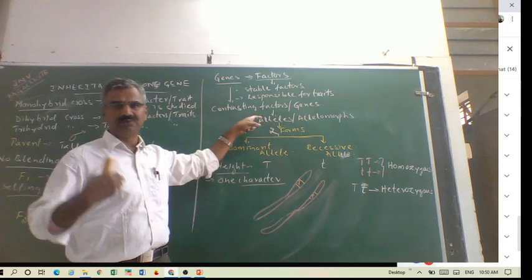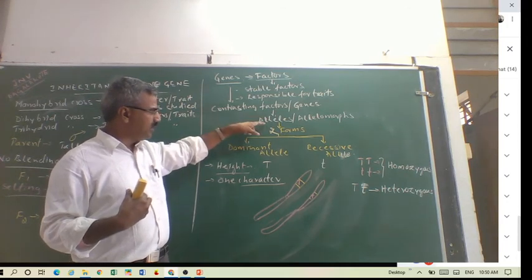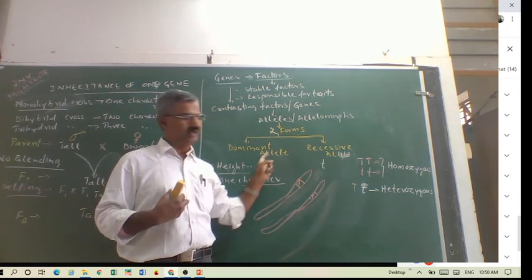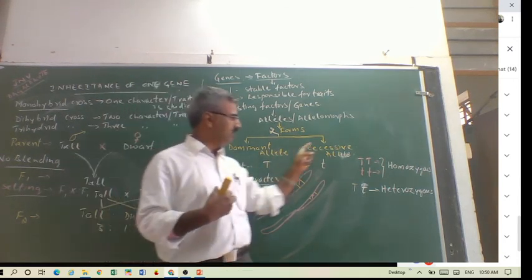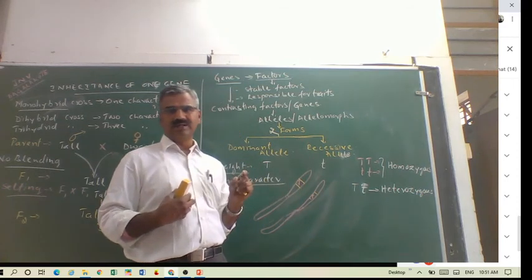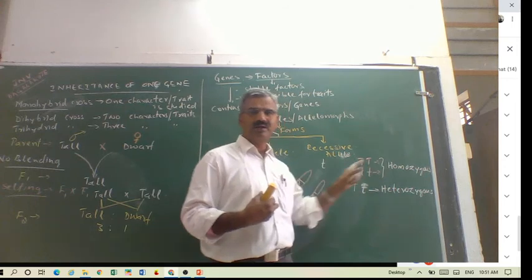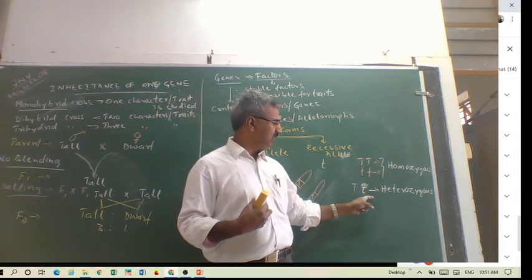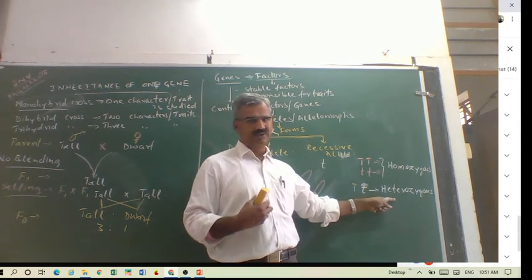Of course, it was given by Gregor Mendel. These alleles have two different forms. One is the dominant allele, and another one is the recessive allele. If both the alleles present are similar in kind, then that condition we call homozygous. And if both the alleles are different, then that is called heterozygous.